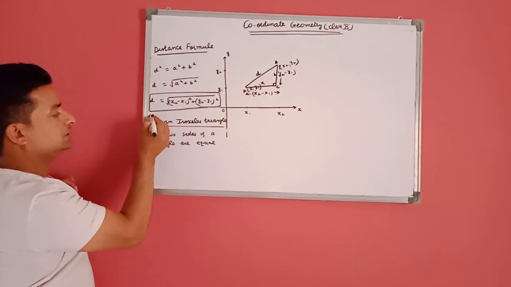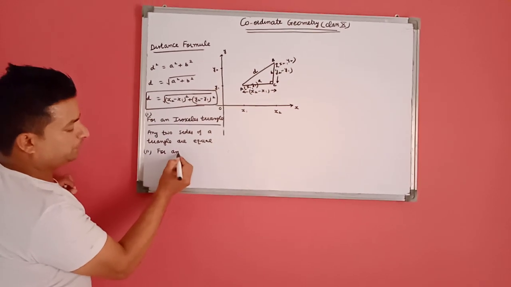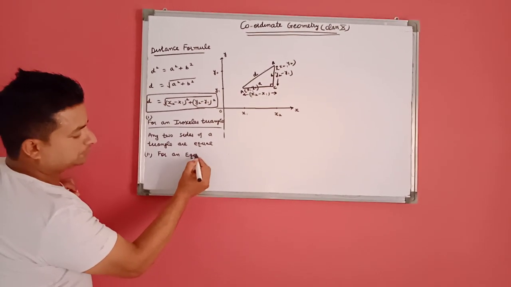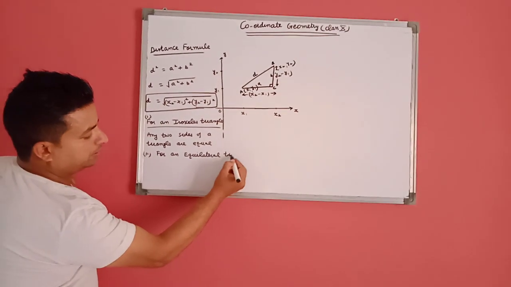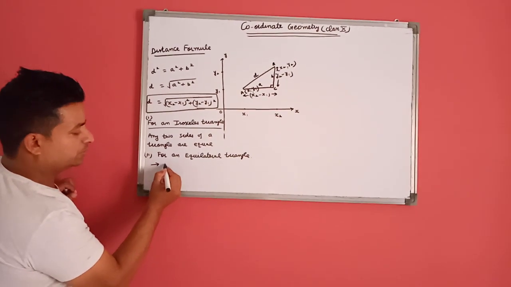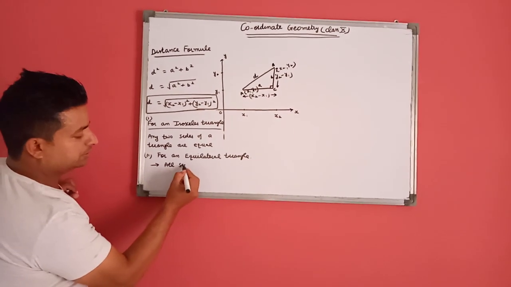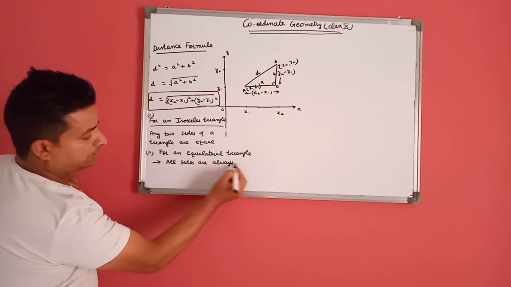Second, for an equilateral triangle, we should remember, all sides are always equal.